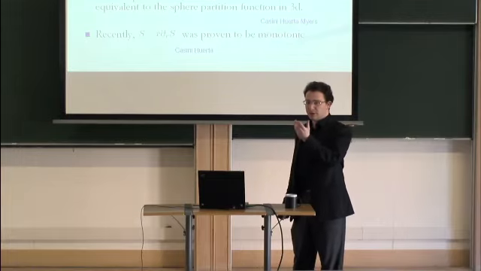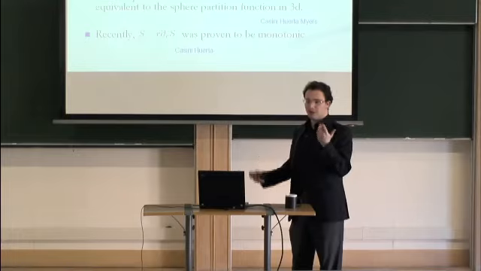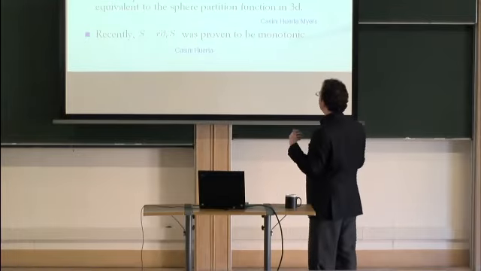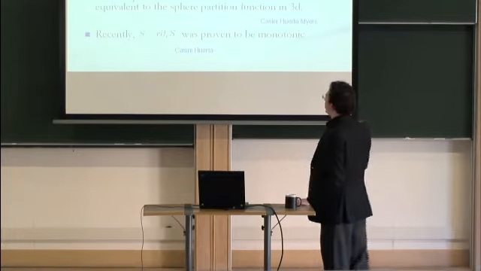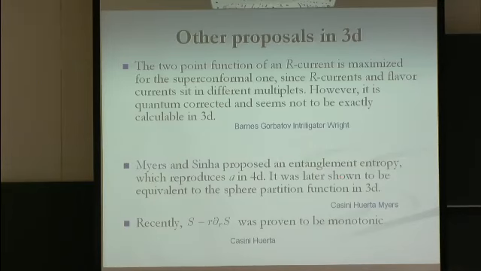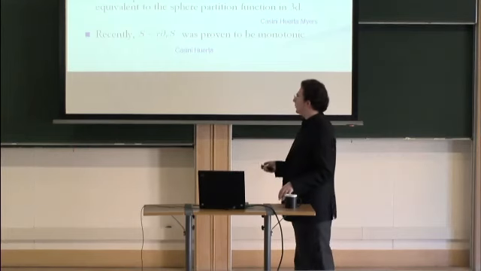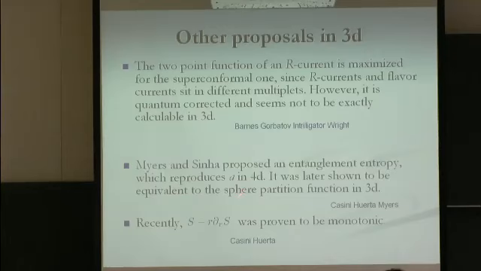In general, you wouldn't even know how to define it. How do you put a non-conformal field theory on the sphere? There are some choices. And this entanglement entropy, you can just define for any field theory. So they showed it was equivalent, but there still seem to be perhaps in this argument some subtleties to do with divergences. So I don't know if it's a complete proof or not.